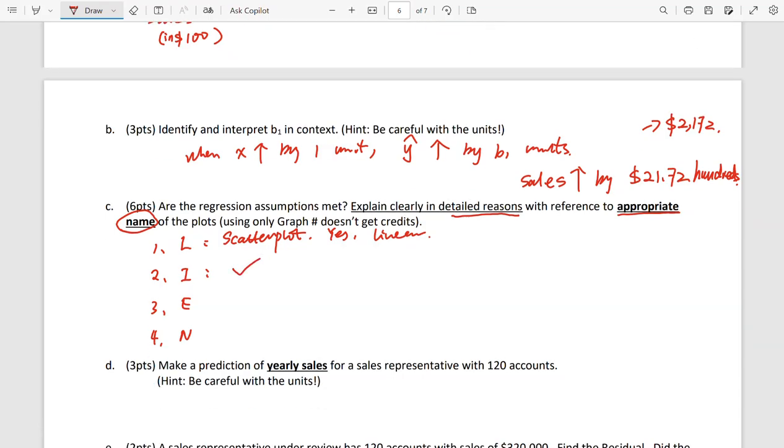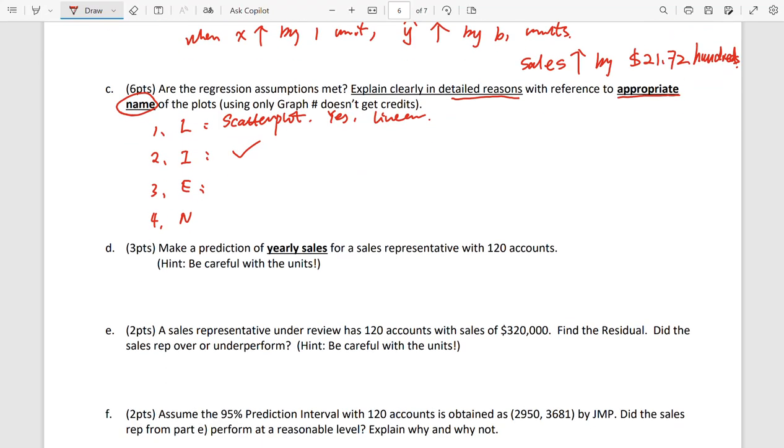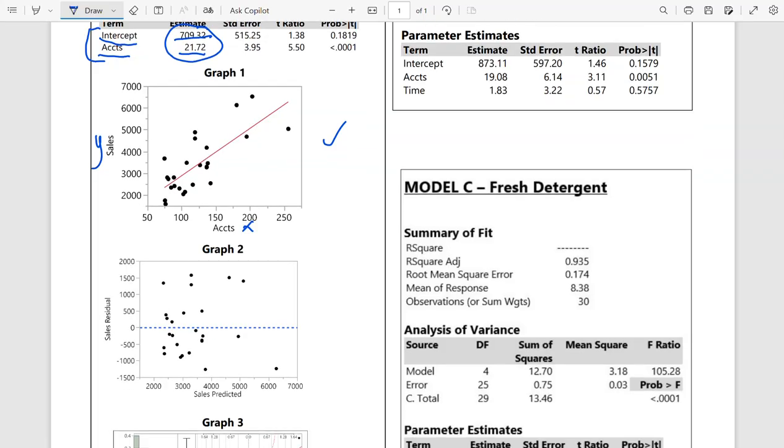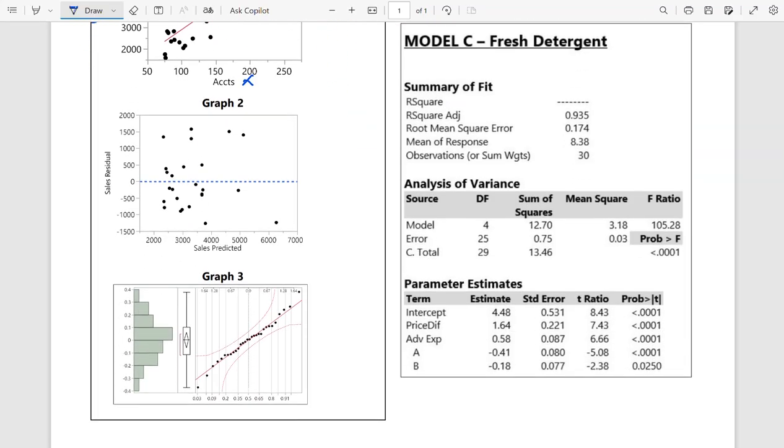So good, right? So what about the equal variance assumption? What plot do we need? We need to use the residual plot, right? So from the output, which one is the residual plot? We say the residual plot is the residuals versus the predicted y, so it's the predicted y versus the residuals.